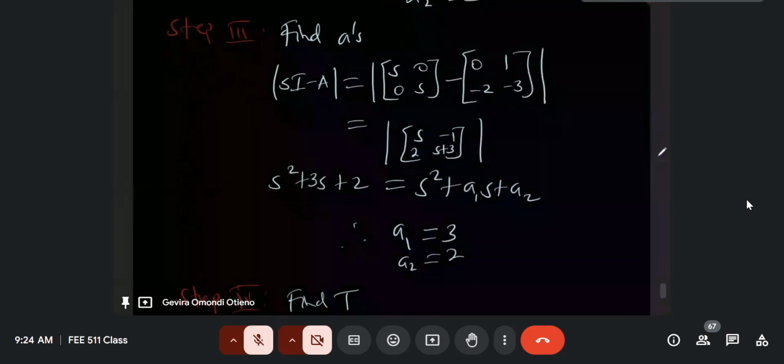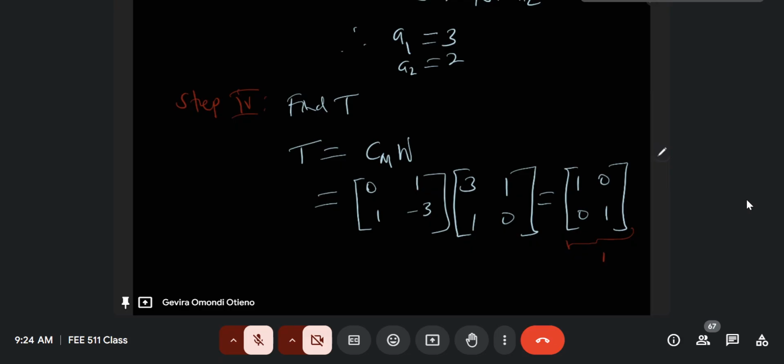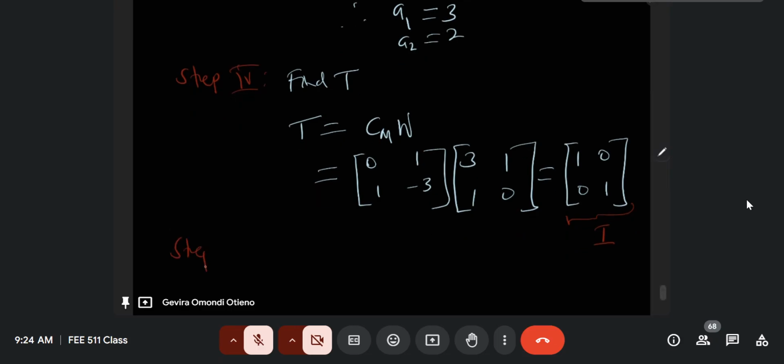A1 is 3. So we have 3, 1, 1, 0. You solve this, you get 1, 0, 0, 1. So you can see there's a lot of matrix manipulation. And by the way, I've just seen that this is an identity matrix.